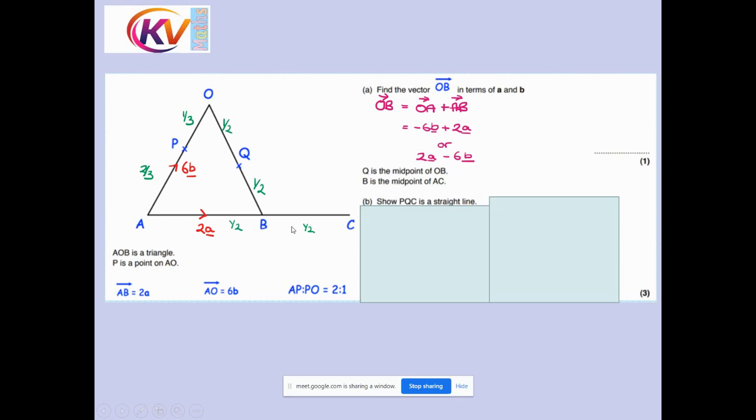And we need to show, thinking about what we learnt on the last question, that PQC is a straight line. To be able to do that, I want you to start off by working out PQ for me.